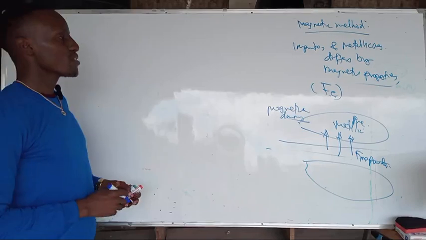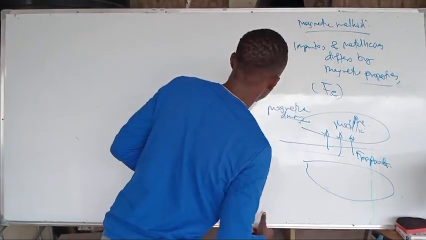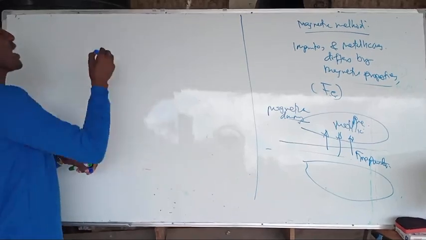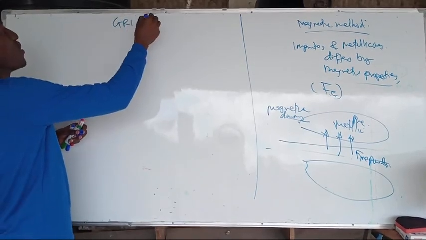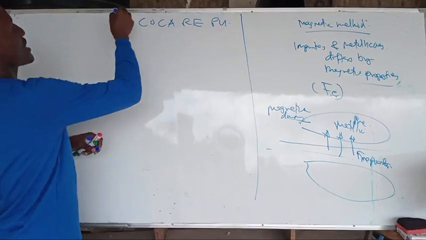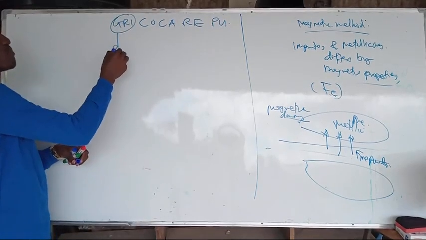So speaking about the third step, as I said, we have the grinding, and from the grinding we obtain the fine powder.